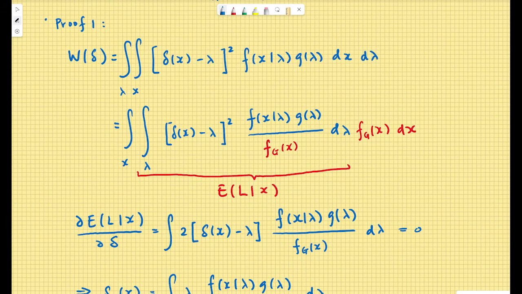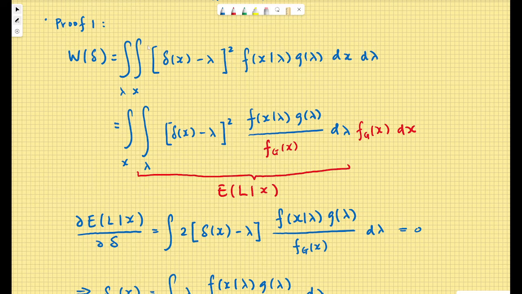We recall that the decision is minimizing Bayes risk. Here, I rewrite the Bayes risk. Remember, the Bayes risk is the expected value of the risk function, and the risk function is the expected value of the loss function. So the Bayes risk is this double integral over lambda and x.